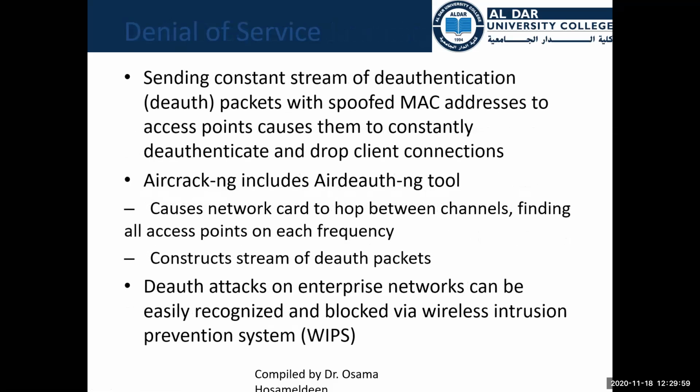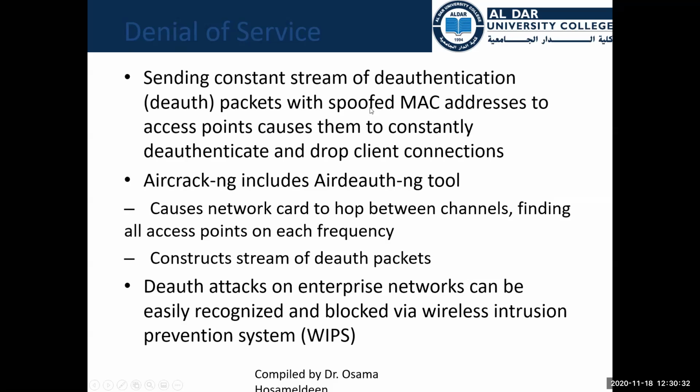For example, if I want to make a denial of service attack, there is a stream of de-authentication packets. If the access point receives the de-auth packets, it will be busy. I will send millions of these de-auth packets, and it will be busy de-authenticating. Every de-authentication I send to the access point, I send with a spoofed MAC address.